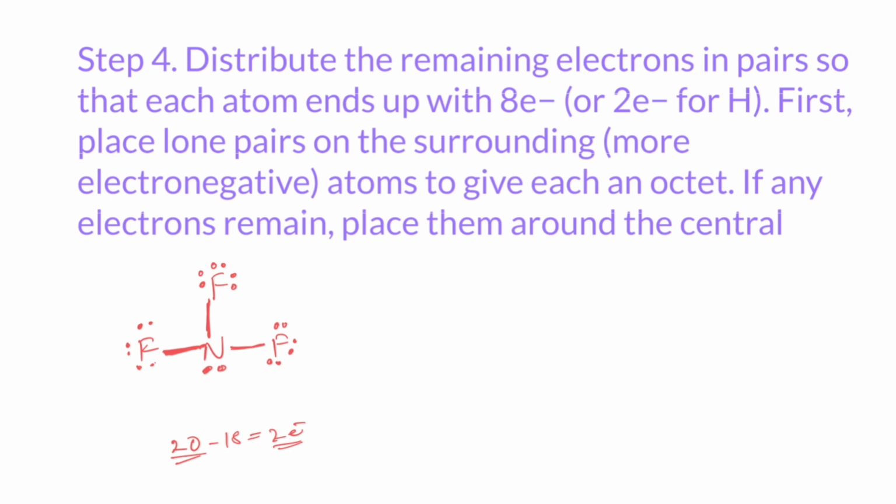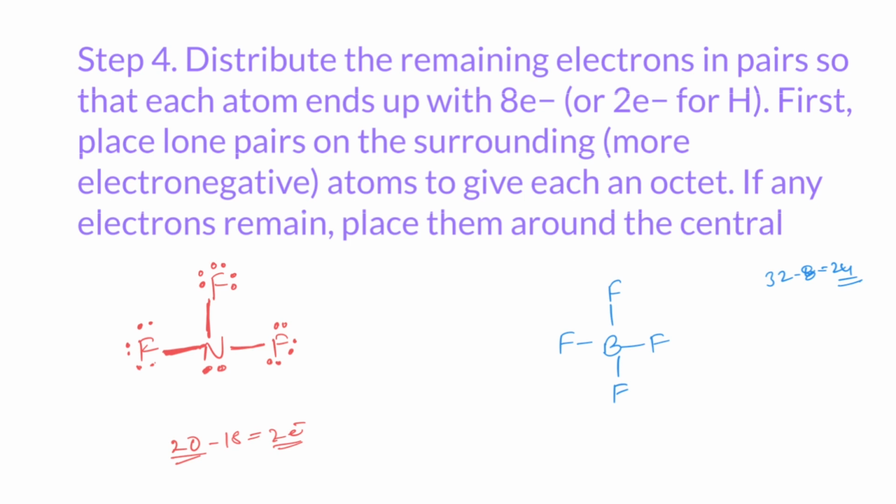So now we are going to check the BF4 minus molecule. In this we take boron as the central atom, with the first fluorine, second fluorine, third fluorine, fourth fluorine. Now out of that 32 valence electrons, 32 minus 8 leaves 24 electrons remaining.